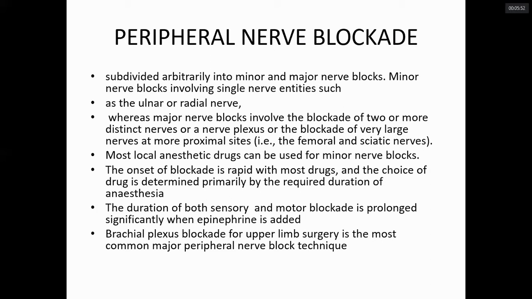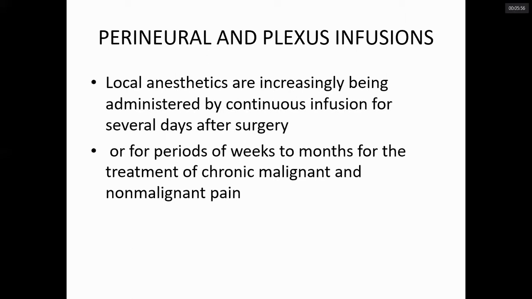Others are lumbar plexus, sacral plexus, and individual nerve blocks. Local anesthetics can be used as perineural and plexus infusion for continuous pain management after surgery for periods of weeks to months, and also for the treatment of chronic, malignant, and non-malignant pain.